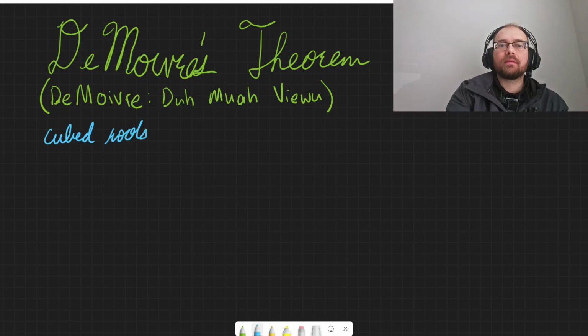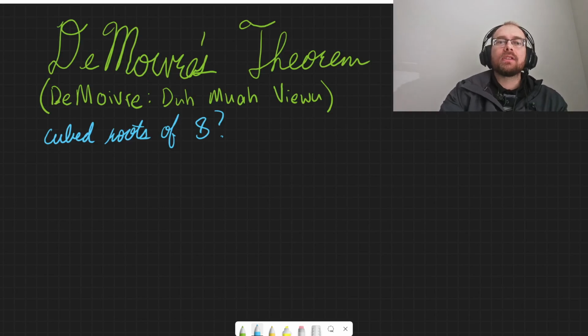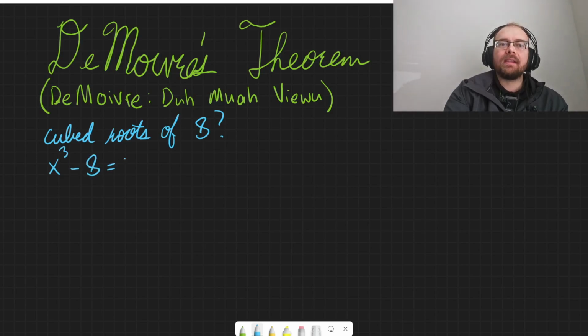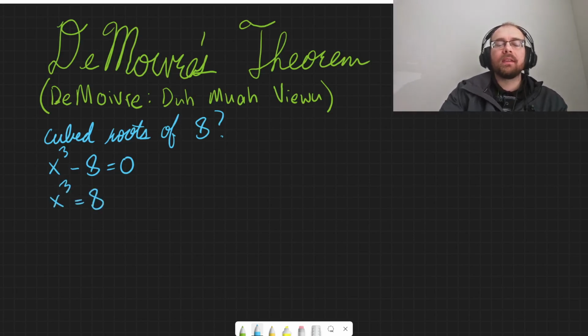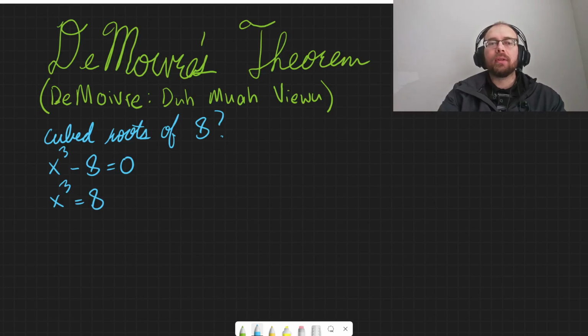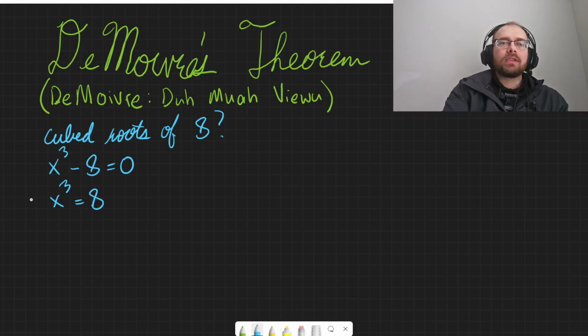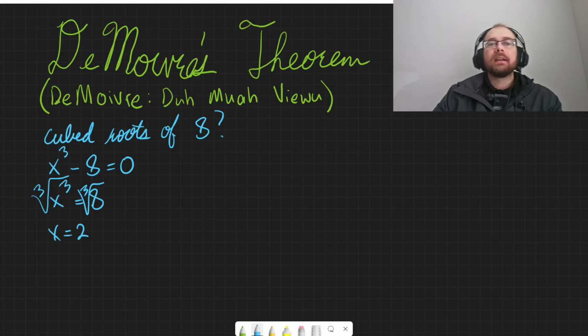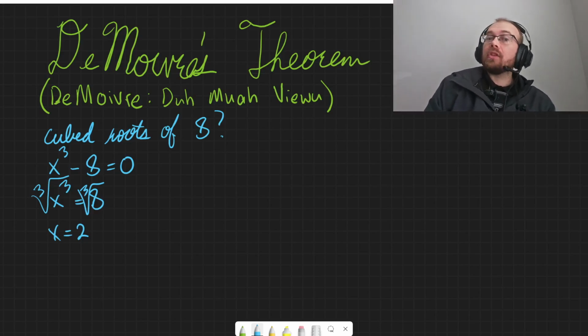One way to look at this is if I say x cubed minus 8 equals 0, so what is x going to be equal to when x cubed minus 8 is equal to 0? The simplest way to do this would be to take the cube root, and x is equal to 2. And that is one of the cube roots of 8.